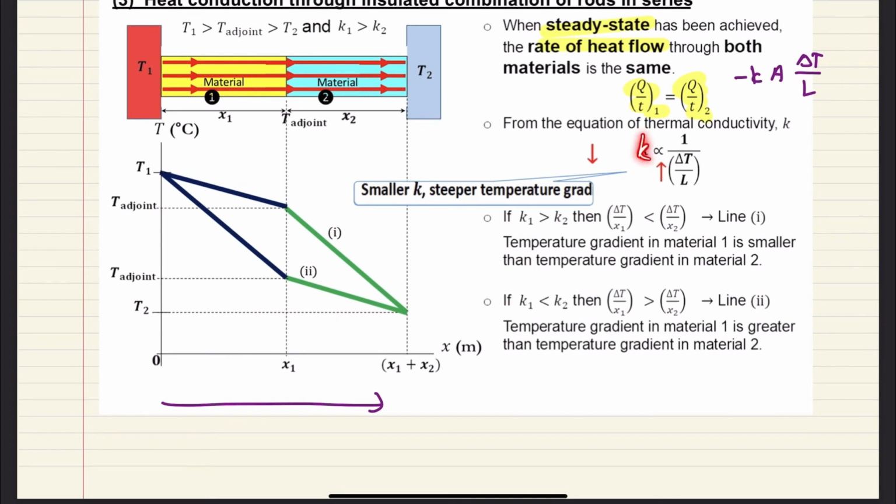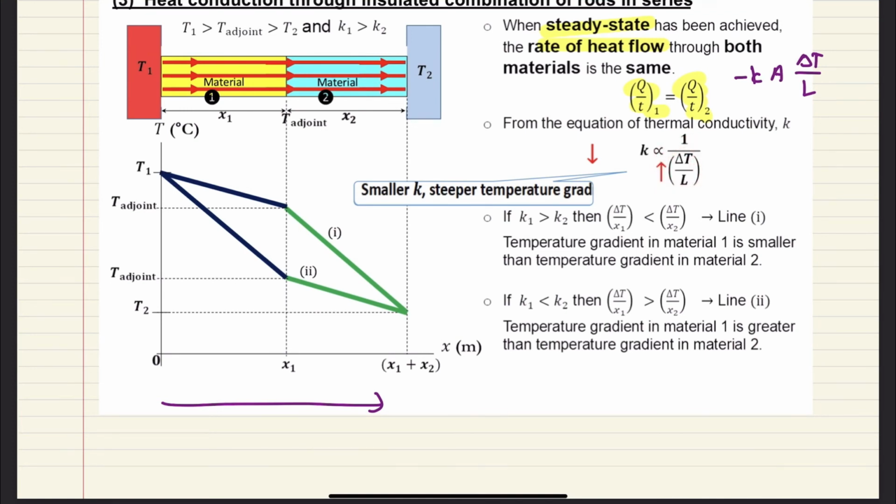So you can see K is actually inversely proportional to this thing. So K here is defined as thermal conductivity. Okay, a higher K means a very good heat conductor. So let's say if you have a low K, then delta T over L is higher. So that means the temperature gradient will be bigger.